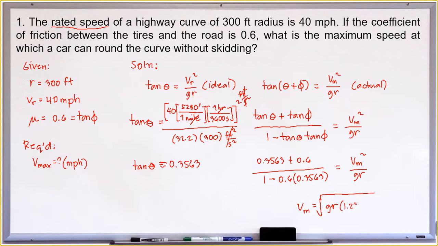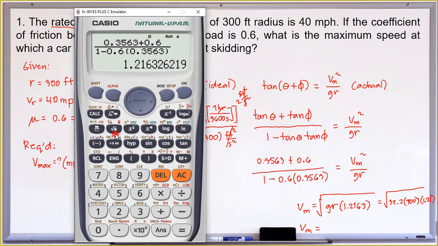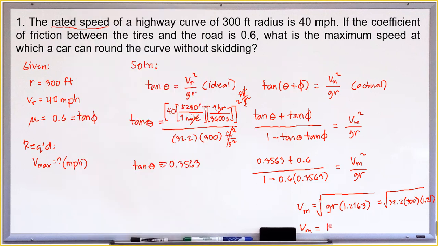So therefore our V max is the square root of 32.2 times 300 times 1.2163. So the answer is 108.39.